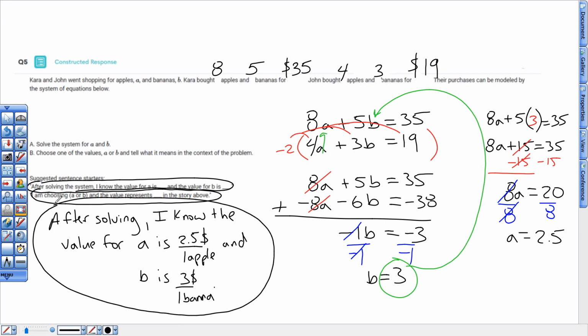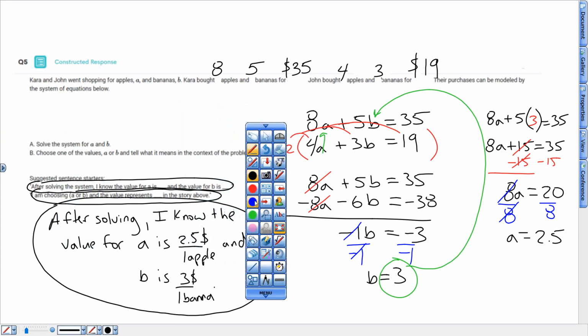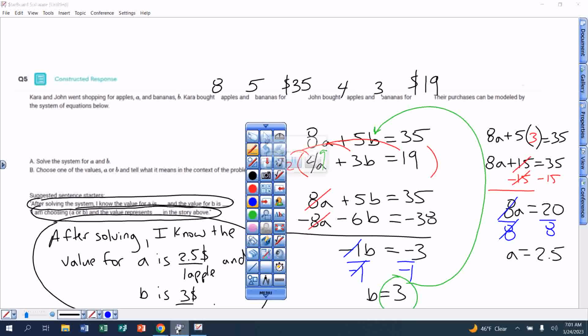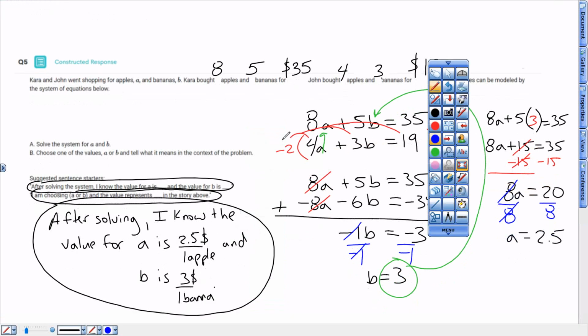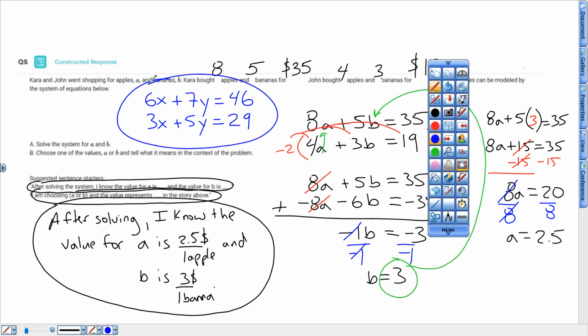All right, here we go. The one in blue that I'm going to have these people do in class, if I could find it. Here we go. The problem in blue I'm going to have you do is 6x plus 7y equals 46, and then I'm going to have you solve 3x. That's the problem I'm going to have you do in class. Just show me that you're with me.